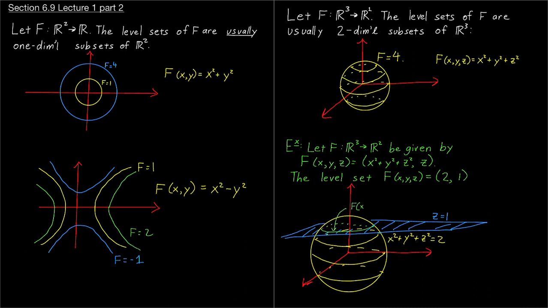So this is f of x, y, z equals 2, 1. The z coordinate is 1, and x squared plus y squared plus z squared equals 2. So that's the circle on the sphere of radius root 2. So that is a circle. It is one-dimensional.